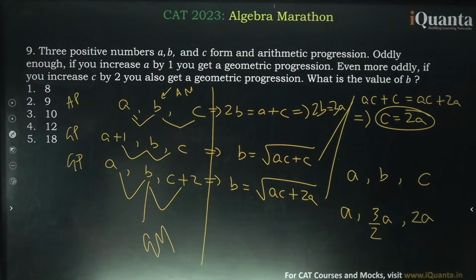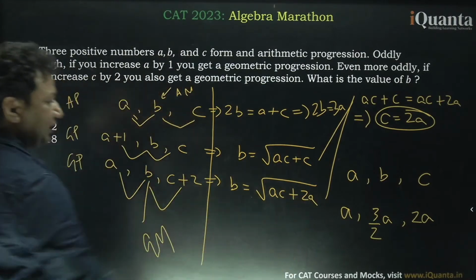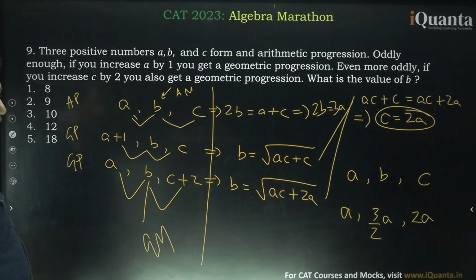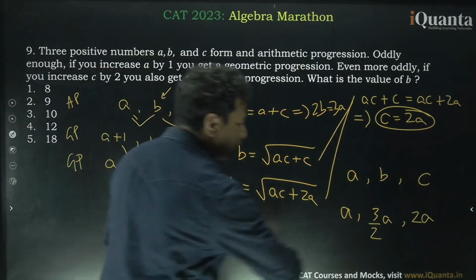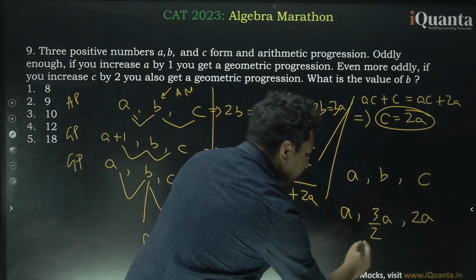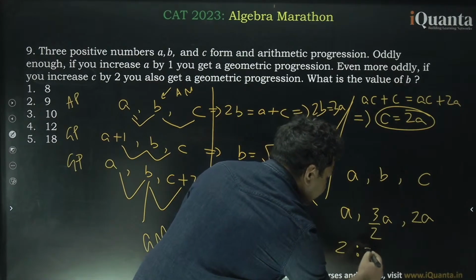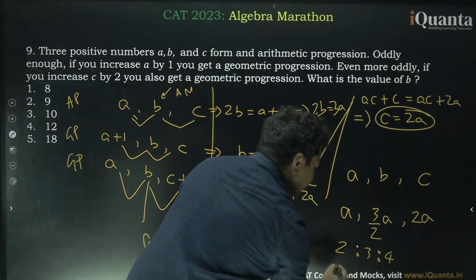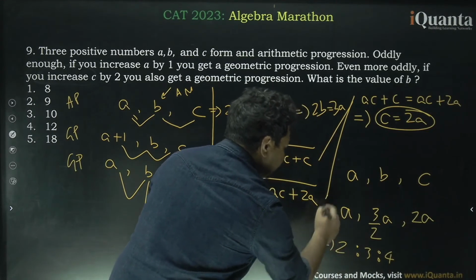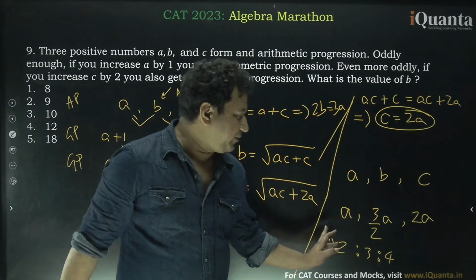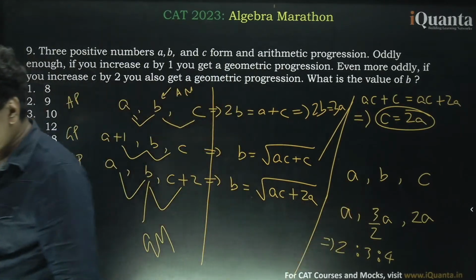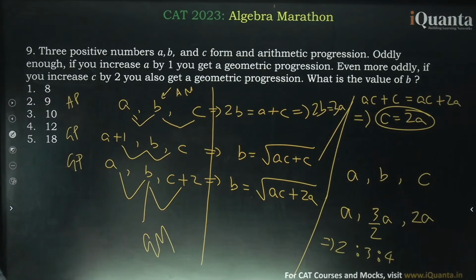That's right. A, 3A by 2 and 2A. If I take the ratio of all of this, multiplying by 2, it will be 2 is to 3 is to 4. Right?